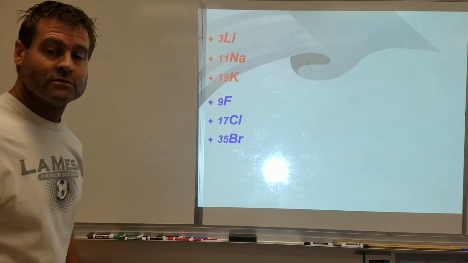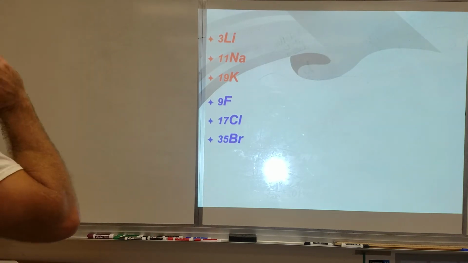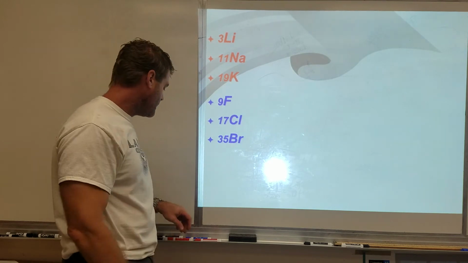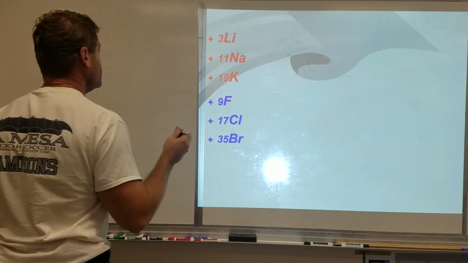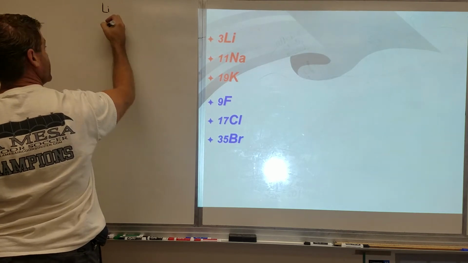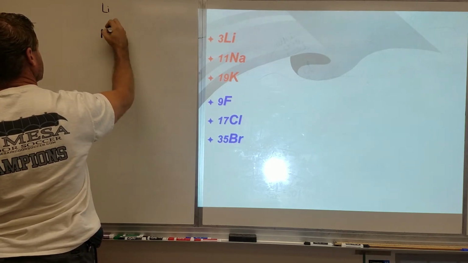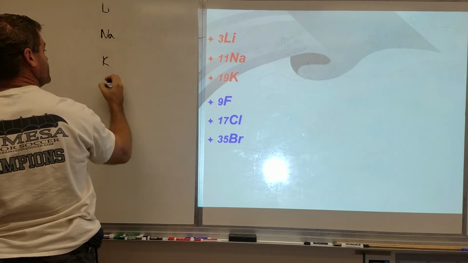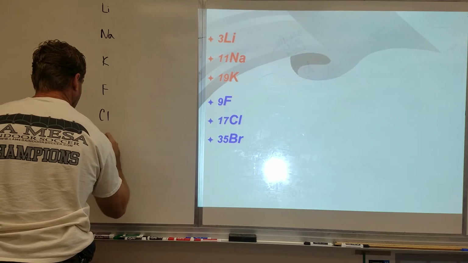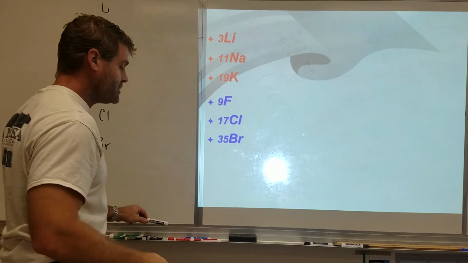All right, so let's see how we could use a periodic table. We're going to write these down because I'm going to do them separately: sodium, potassium, chlorine, and bromine. We're going to show you guys how to use the periodic table.